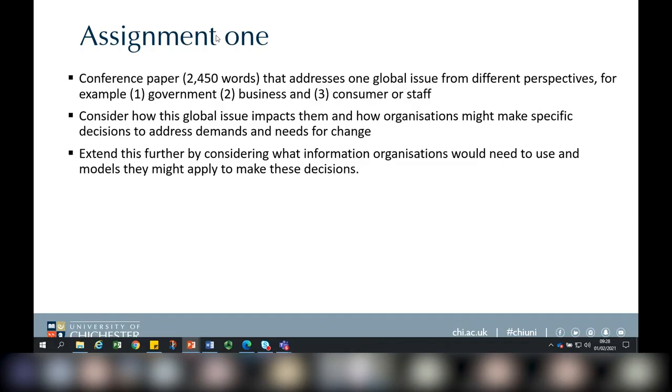So you can use your PESTLE, your STEEPLE, your Porter's 5 forces, your Porter's value chain. Think about the strategy module that you did with Rob last semester, and think about the models that you could actually apply there as well. It might be that you use root cause analysis. You might use quality management, thinking about your operations management module.